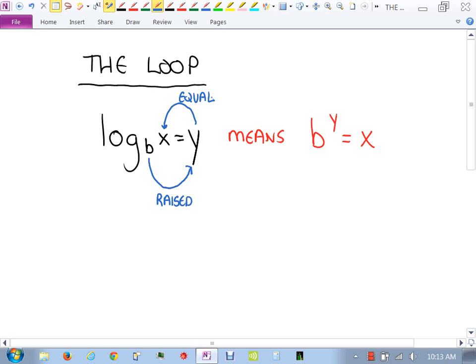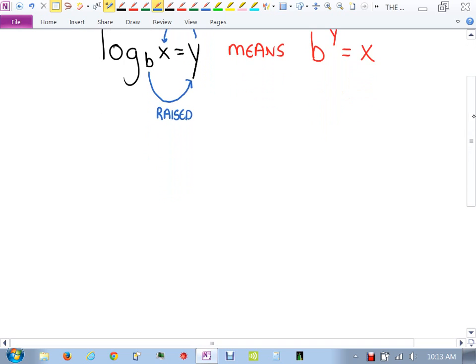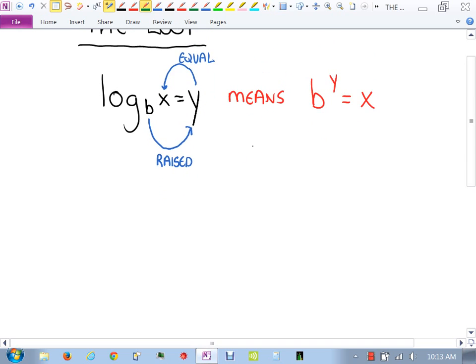So if you remember the loop on a log, you can always take the loop and switch it over to this. All right? With me? Do y'all see the relationship? Now, I'm going to separate this page in two parts here. This left side up here is called log form. And this over here is called exponential form.